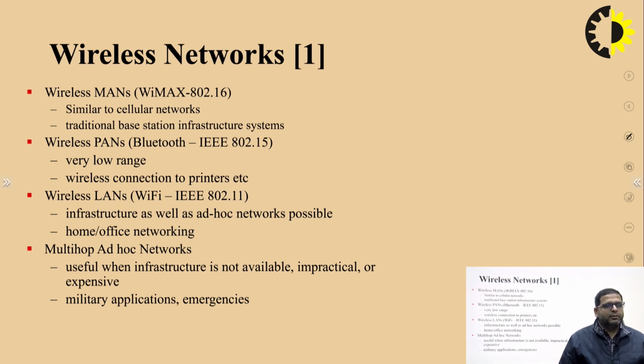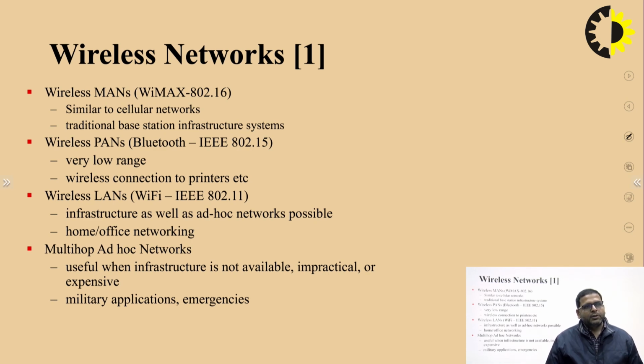The wireless networks are classified as wireless metropolitan area networks. An example is WiMAX, which is based on IEEE 802.16. It is similar to a cellular network, and traditionally it is more similar to a base station infrastructure system.